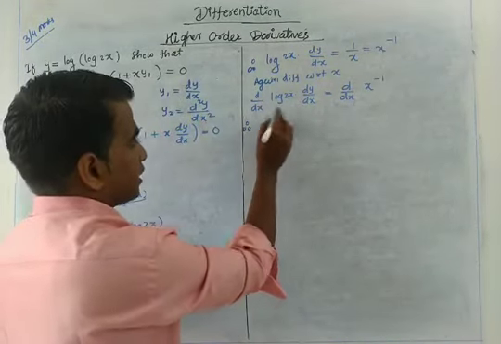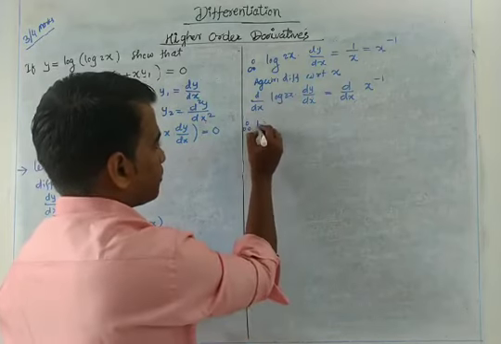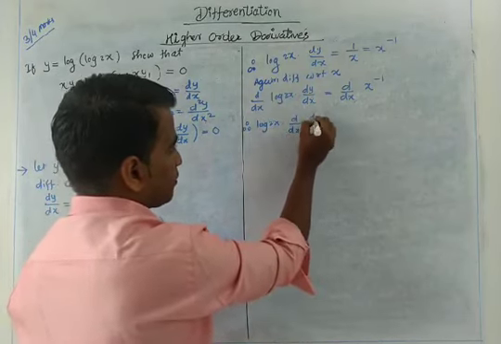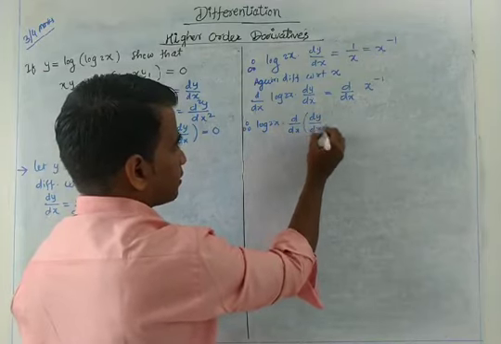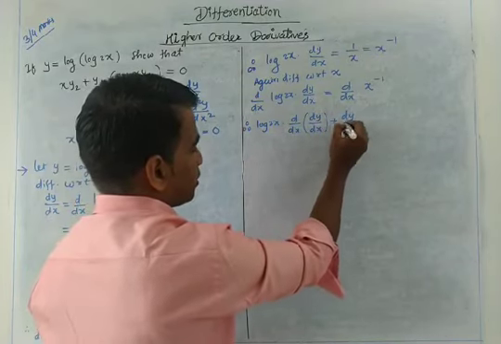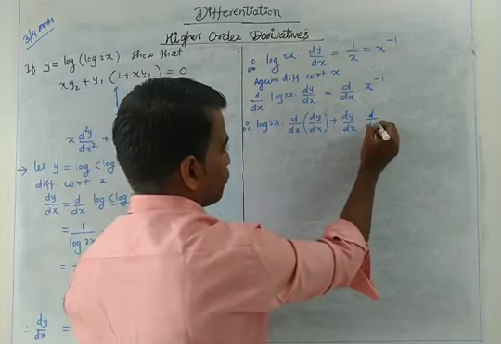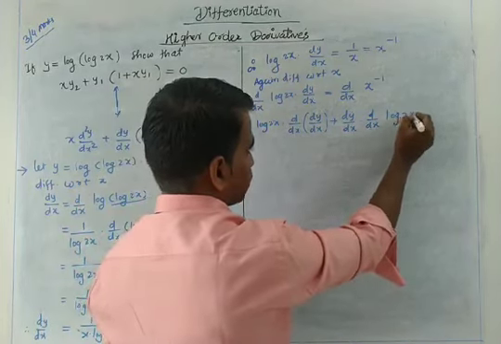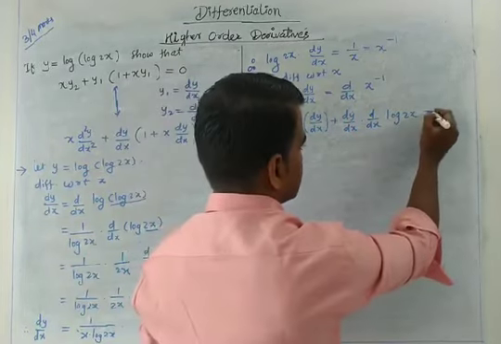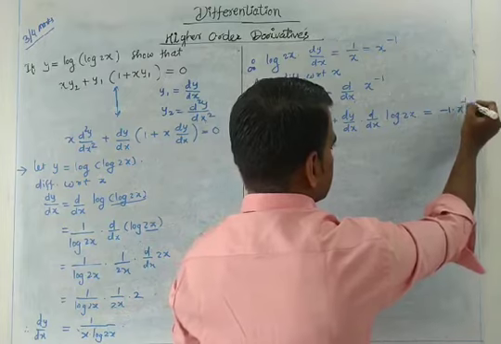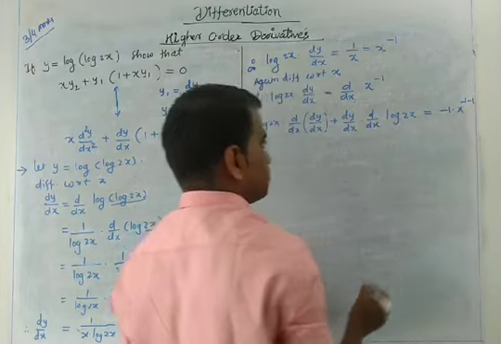Now on the left hand side the multiplication rule we have to apply. So log of 2x d/dx of dy by dx plus dy by dx constant into d/dx of log of 2x is equal to, by the x raised to n formula, minus 1 into x raised to minus 1 minus 1.